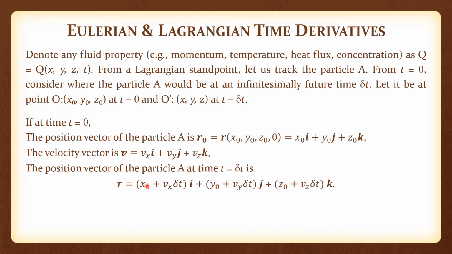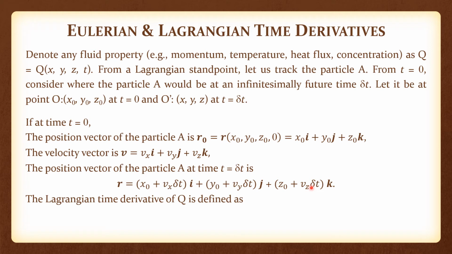Starting from this point over a very small time delta t, if the velocity is vx, then the x displacement is vx into delta t. Similarly, the y displacement is vy into delta t, and the z displacement is vz into delta t. So the new position vector would be x naught plus vx delta t i, plus y naught plus vy delta t j, plus z naught plus vz delta t k.